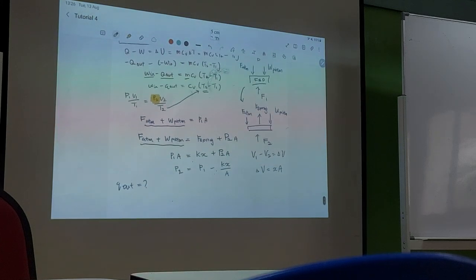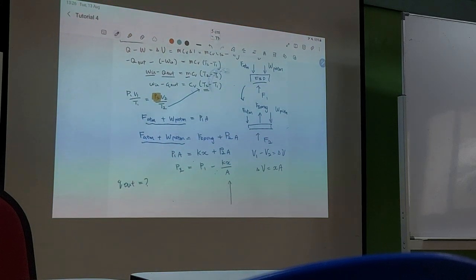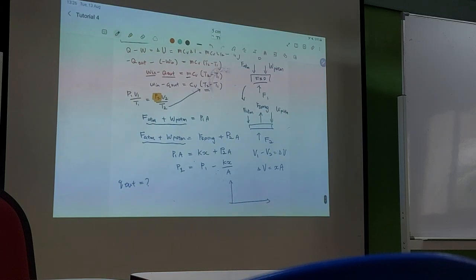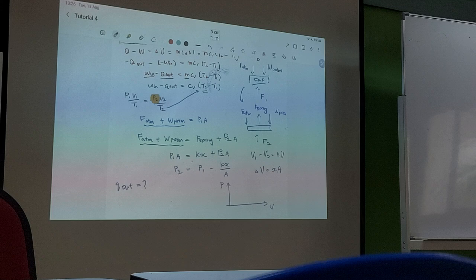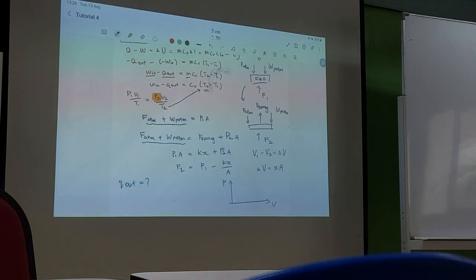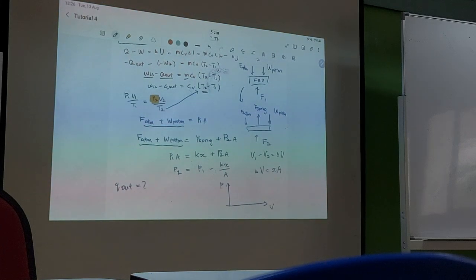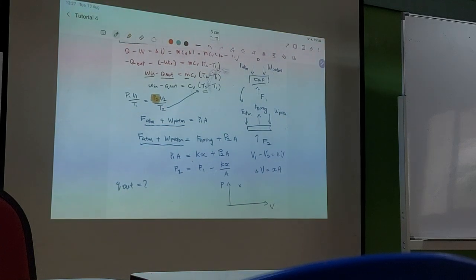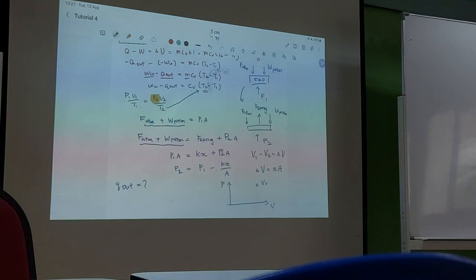Now, if you are asked to draw this graph, since we are dealing with air, it is very easy. So let's say you're asked to draw a PV diagram. When you have a spring, the graph itself is actually very easy to draw because it is just a linear line. In this case, the initial V is a larger value, so V1.